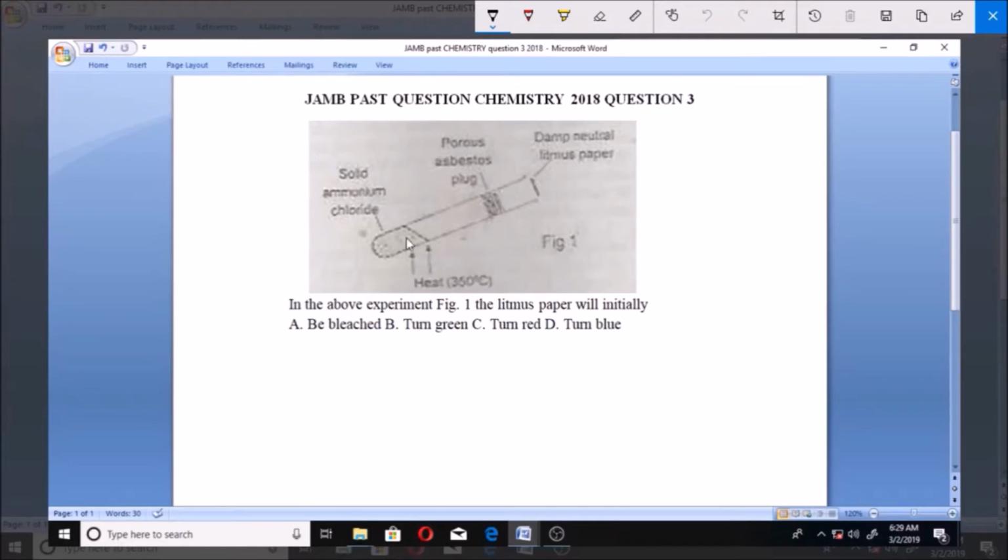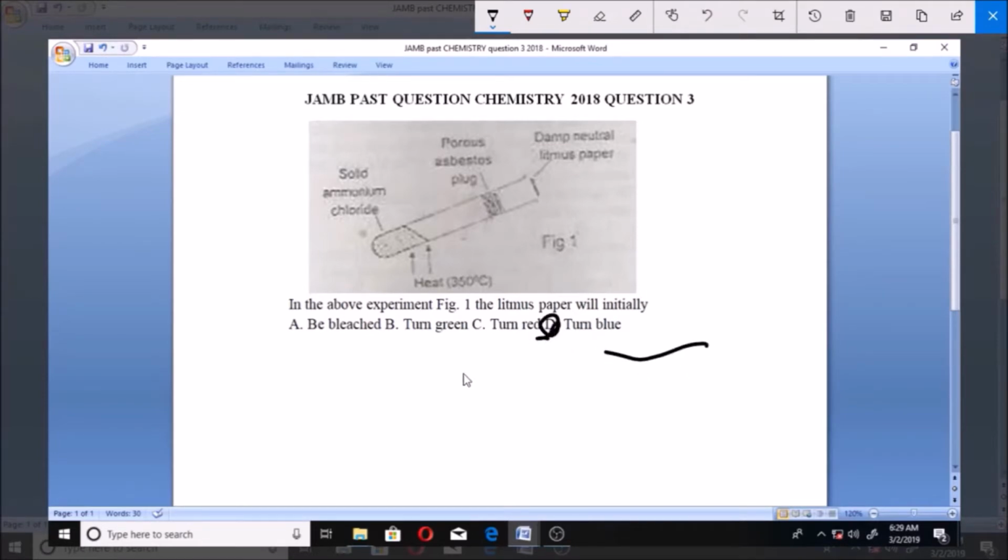So when you heat this ammonium chloride to this temperature, it will release ammonia gas. So what will ammonia gas do to a damp neutral litmus paper? Ammonia gas, you know, is an alkaline gas, so it will naturally turn the neutral litmus paper blue. So the actual answer to this problem is that it will turn blue.